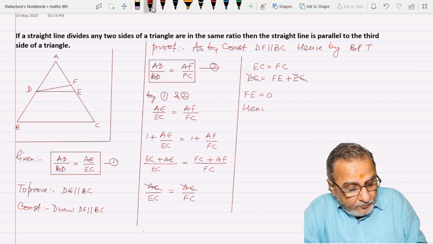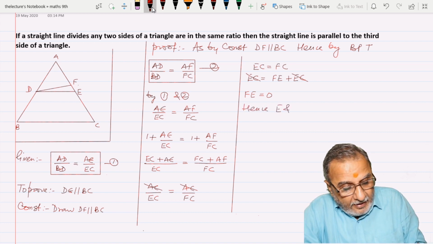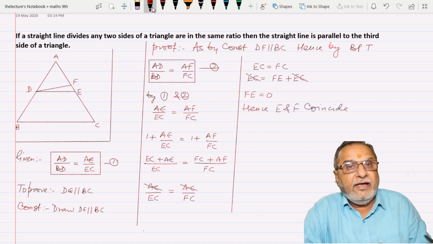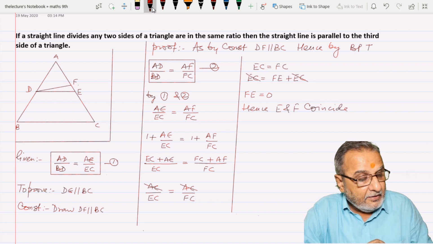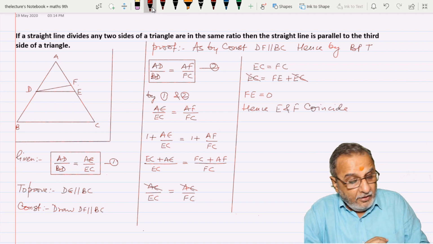Hence E and F coincide, or we can say they are superimposed.